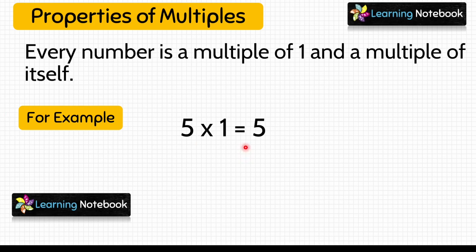So here, 5 is a multiple of 1 and it is also the multiple of itself, that is 5. Next, 7 multiplied by 1 equals 7. So here 7 is a multiple of 1 as well as a multiple of itself, that is 7.